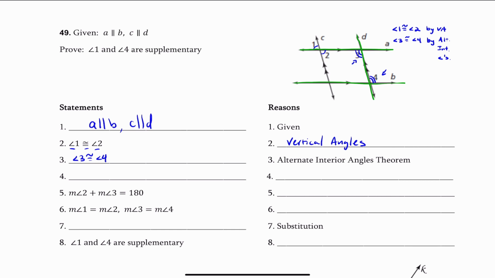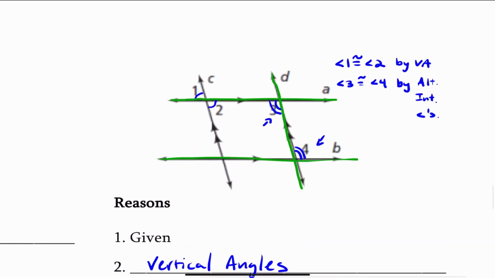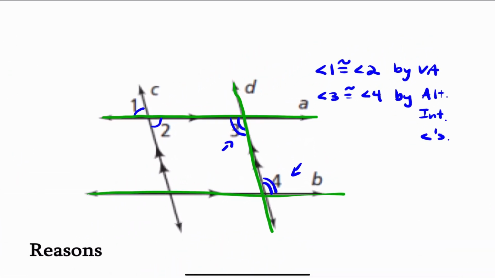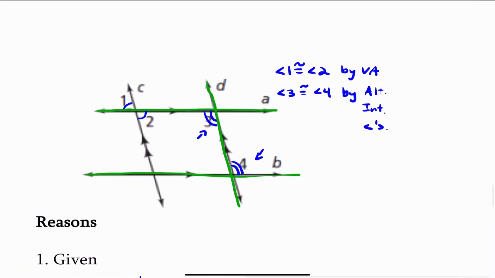And now, what I'm going to go ahead and do is look at this. So I have parallel lines. Sorry, I'm trying to think. I have these parallel lines cut by a transversal here. 2 and 3 are on the same side, and therefore they are supplementary.